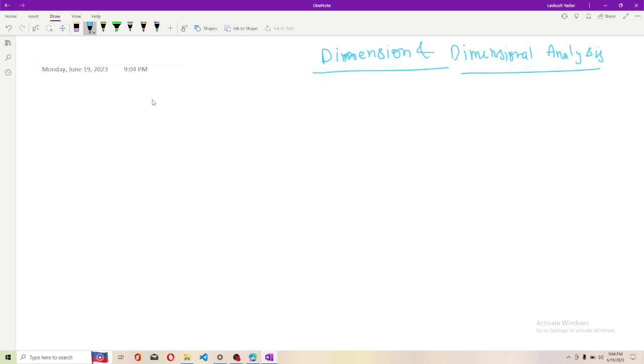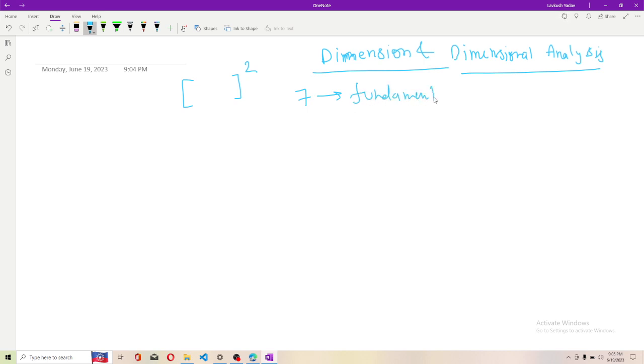So what is a dimension? Dimensions are basically the powers which you write on any physical quantity, because we have a total of seven physical quantities, or we can say these are the fundamental quantities.